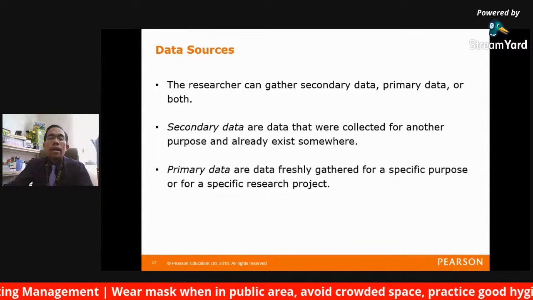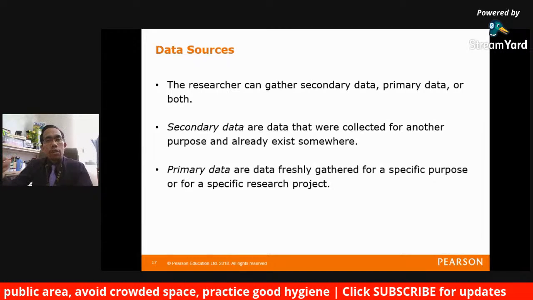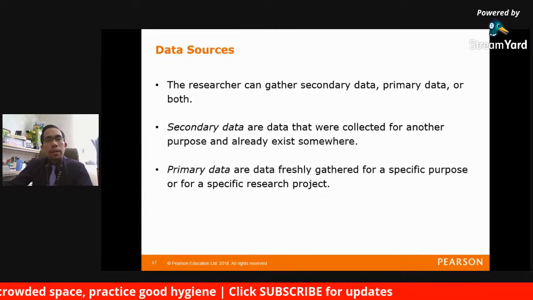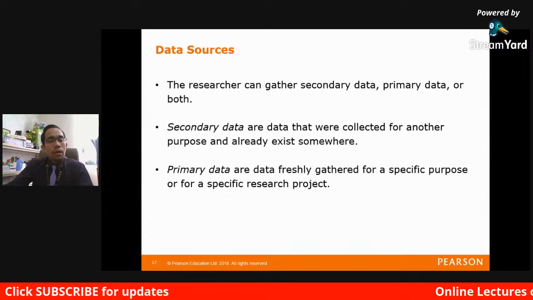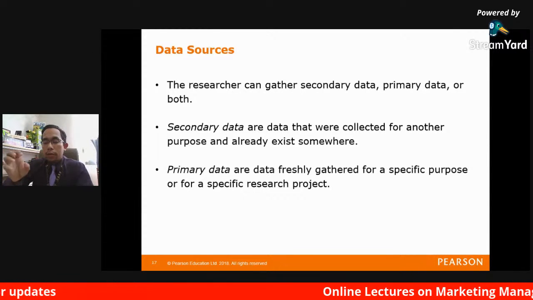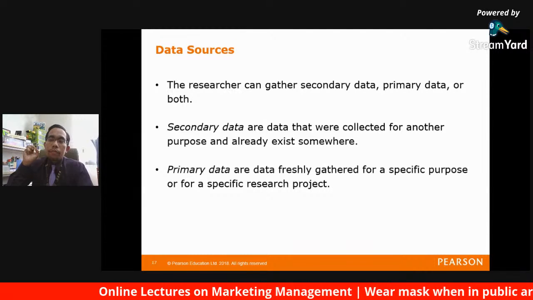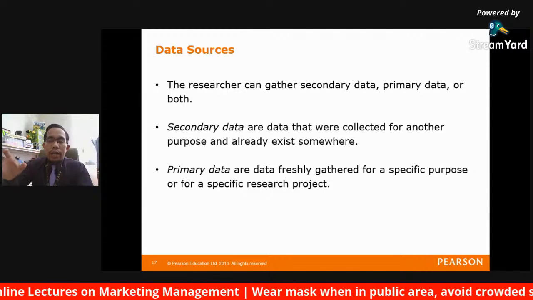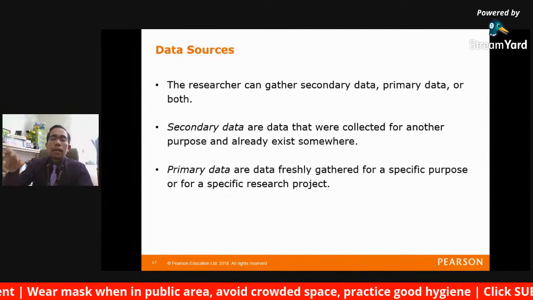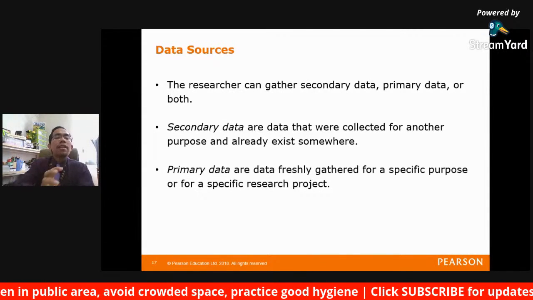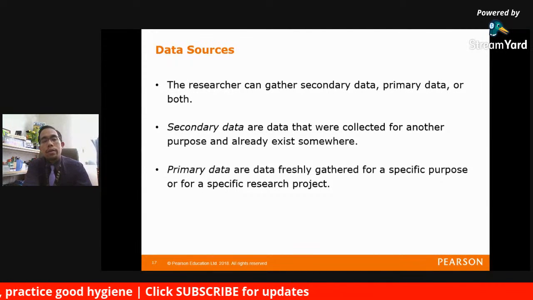Why not 100%? Because the factors you use might be different, the location also different, the time also different, and the profile of respondents also different. But the subject or issues raised in that research might have similarity to the issue that we want to look at.